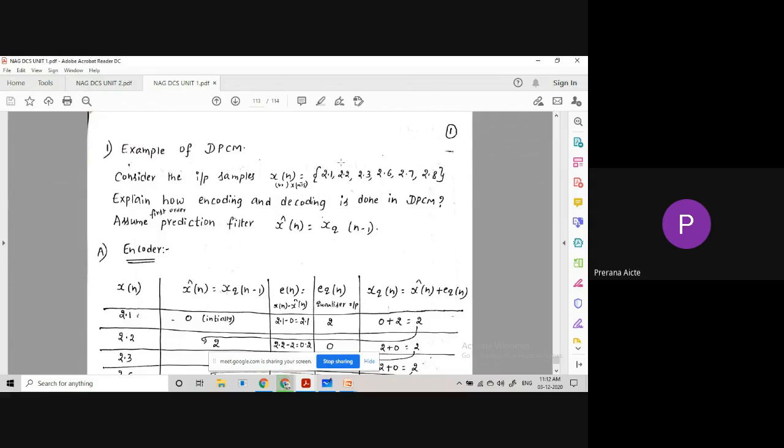Now in this class, we are going to discuss intersymbol interference, shortly called ISI. What is meant by intersymbol interference?